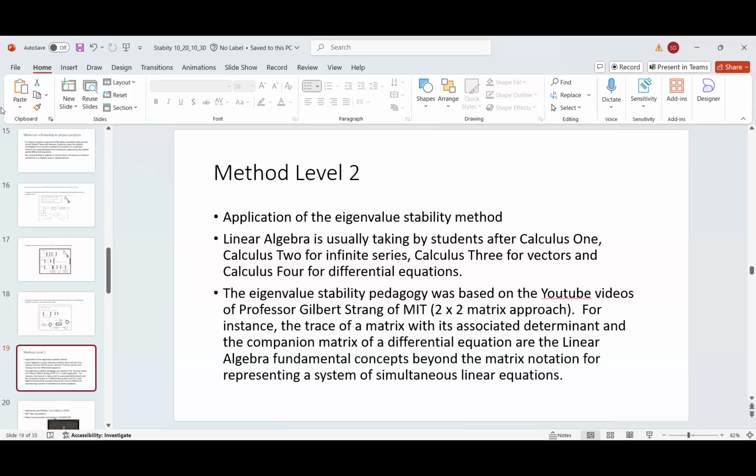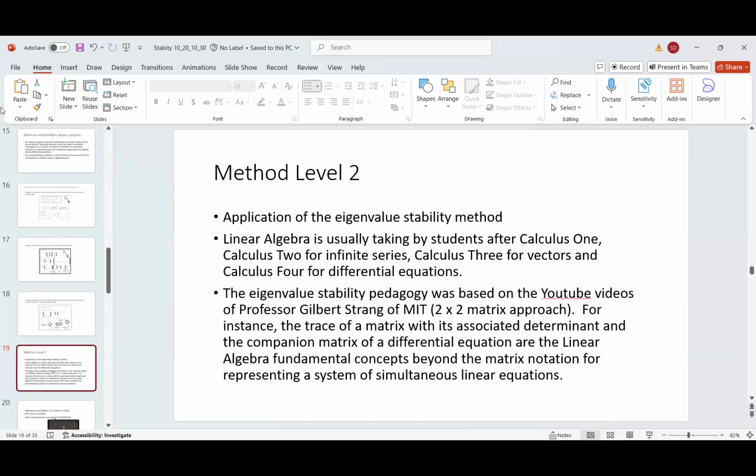In level 2, application of the eigenvalue stability method, linear algebra is usually taken by students after calculus 1, calculus 2, or infinite series, or calculus 3 for vectors and calculus 4 for differential equations. Eigenvalue stability pedagogy was based on YouTube videos of Professor Gilbert Strang of MIT for the 2x2 matrix approach.